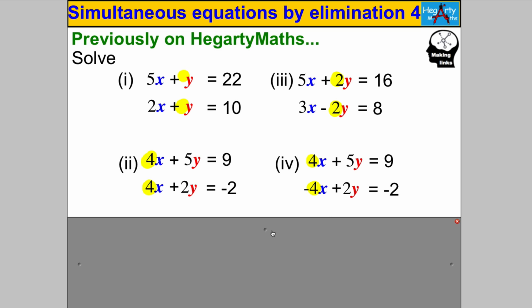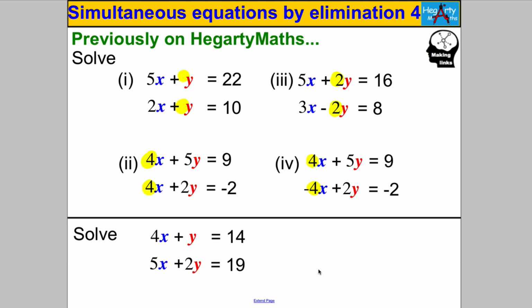Now, in this particular video we're going to solve questions like this. I want you to look at that and think to yourself, why is that a bit different to anything in parts 1 to 4 above? Well, the reason that's different is, as the two simultaneous equations currently stand, they don't have a similar coefficient.